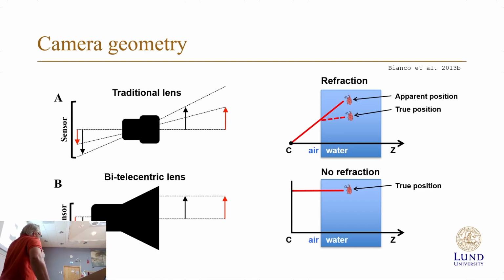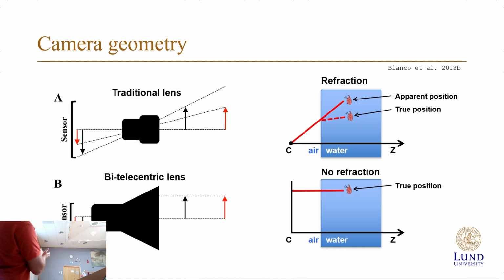What it means is that with the traditional lens, we cannot extract 3D information because, as you see, you have this perspective effect. The red arrow that goes far from the lens becomes smaller on your sensor. With the telecentric lenses, this magnification effect does not occur. That means you can use it to extract 2D information from a three-dimensional environment.